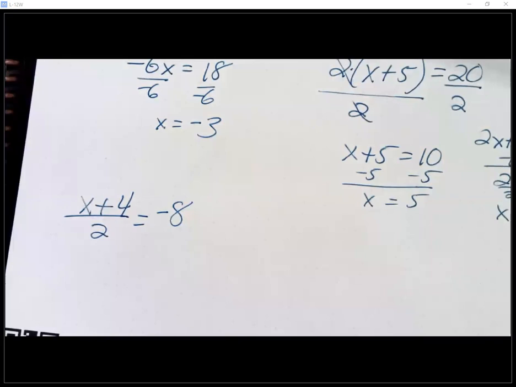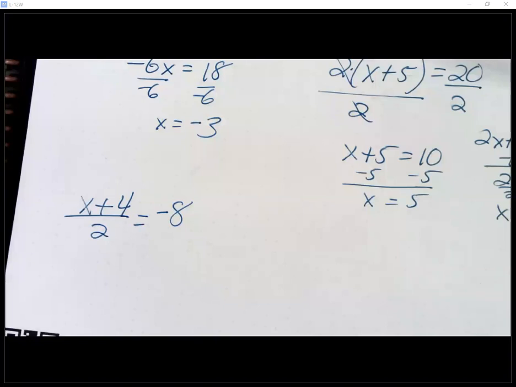So I want to get that x by itself. I need to get rid of that 4 and that 2. Jay, would you subtract 4 on both sides and then multiply by 2? I can see why you would want to do it that way.